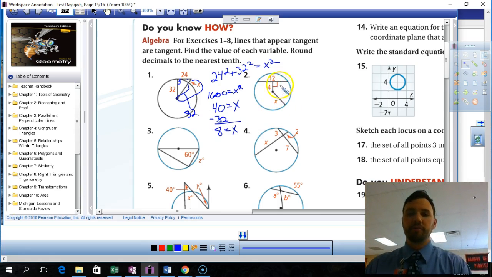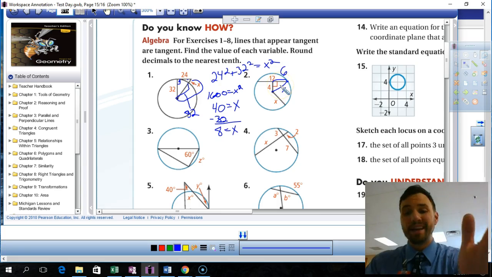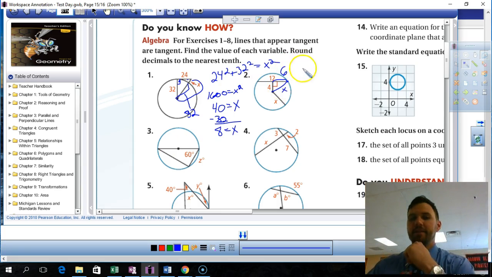Alright, let's take a look at number 2. Alright, this whole thing across is 12, which means this half is 6. And now if that's x, if I draw that in, that's also x, because all radii are equal. Alright? So, I can use Pythagorean theorem. 4 squared plus 6 squared equals x squared.